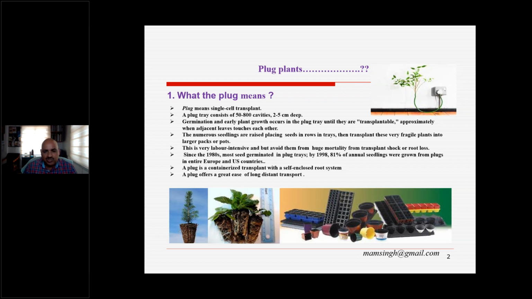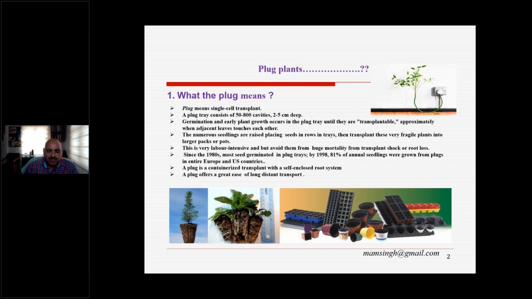The plugs are composed of growing media, and this growing media is contained in containers or trays, or pro trays, we call them, having small cavities.